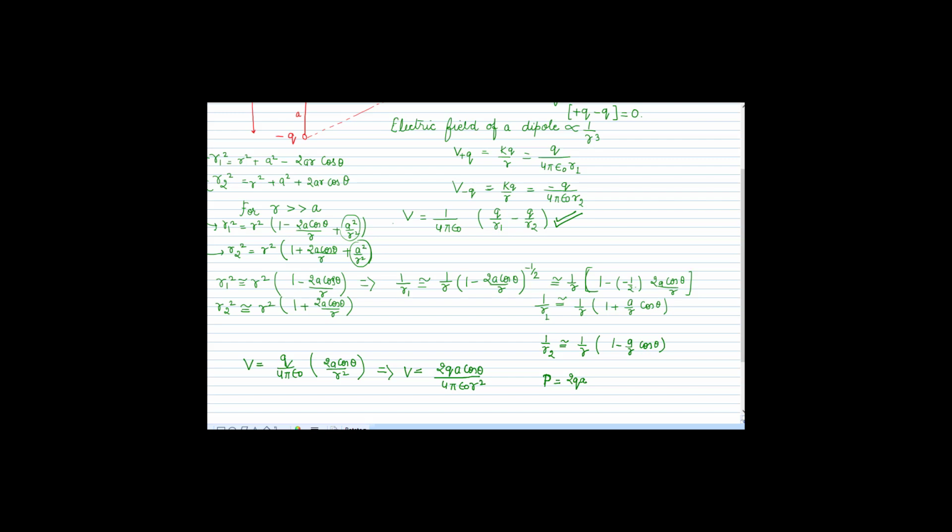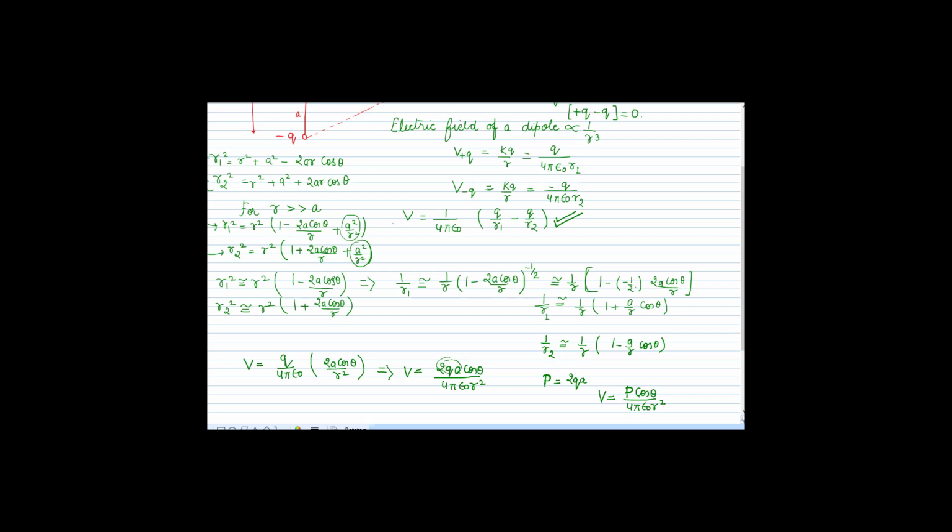because it's a charge multiplied with the distance 2a. So this is q into 2a, and so we can replace this 2qa with P. So our electrostatic potential may be written as the dipole moment P cos theta upon 4 pi epsilon naught R square. Right?